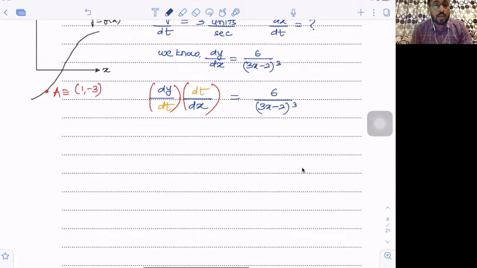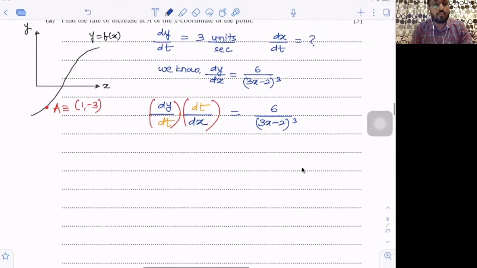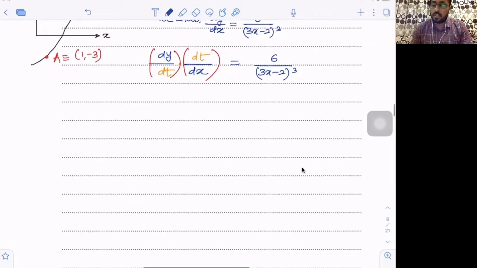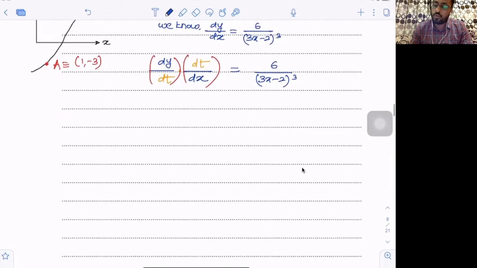Now, don't I know the value of dy upon dt? The value of dy upon dt is given to us. It is 3 units per second. I'm interested in the value of dx upon dt. Now students, remember, there is another rule of inverse functions. It basically says that dy upon dx can be written as 1 upon dx upon dy.